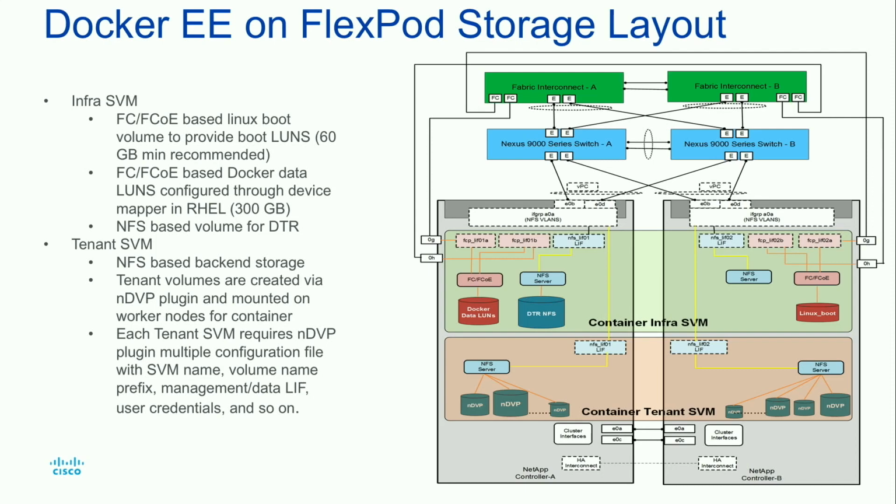And here you have a Linux boot, which is providing you a disk, and that's a 300 gig Docker LUN. But here we have also configured another NFS-based backend, which is being used by the volume plugin. So all the Docker volumes get provisioned here. It's showing different sizes that you can give depending on your requirement.